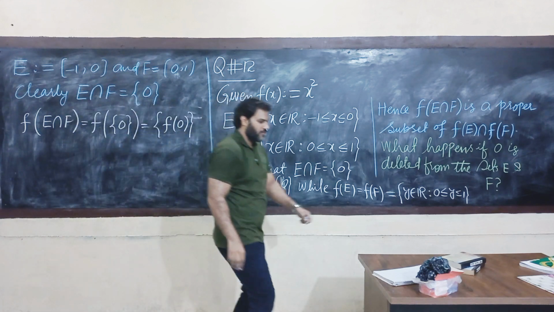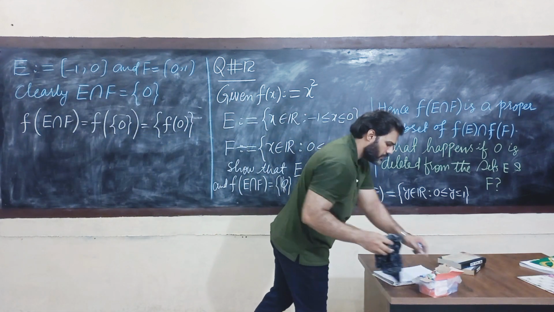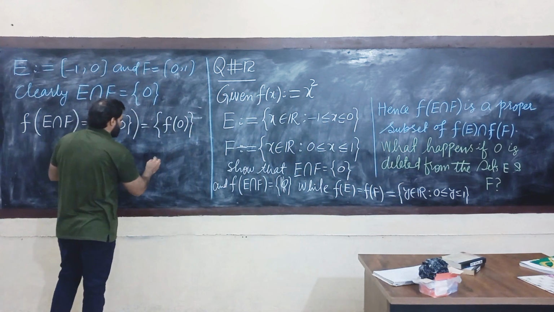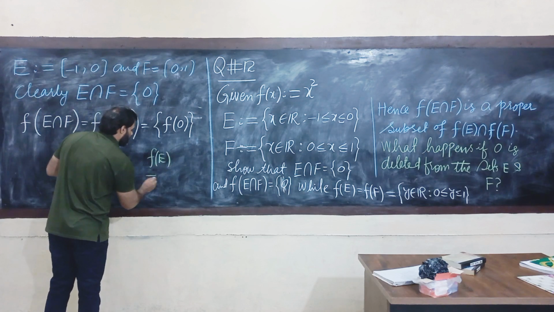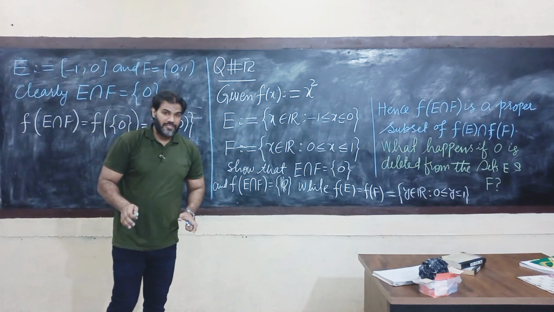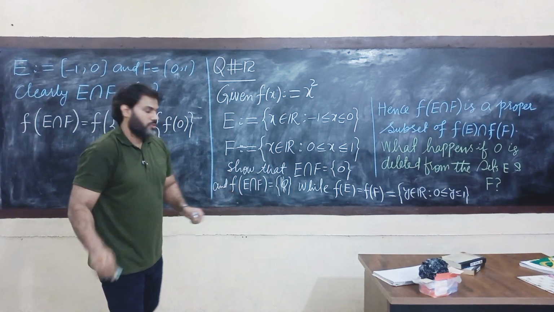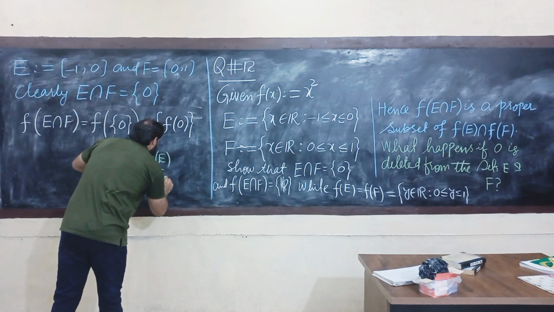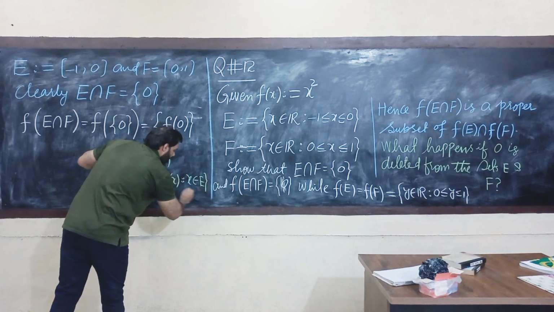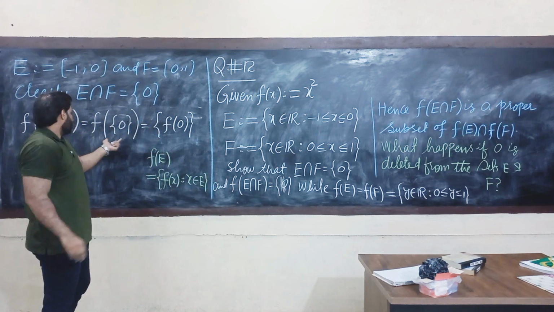The direct image of a set E, suppose E is any non-empty set, then the direct image of set E is given by the set f of E. It represents a set. This is not a numerical value, this is a set of values. This is the set of values of all outputs of f when we apply f at elements of E. So this can be written as f of 0.